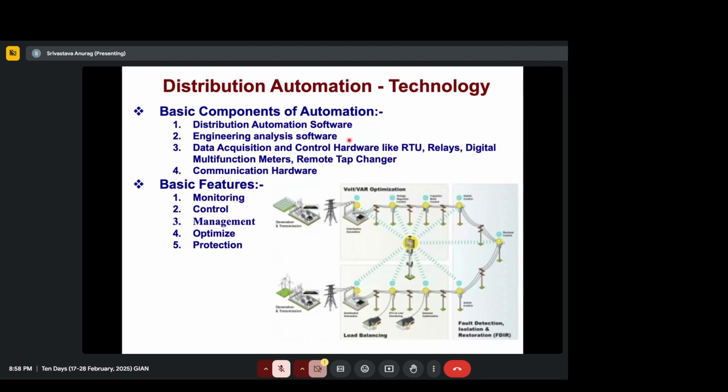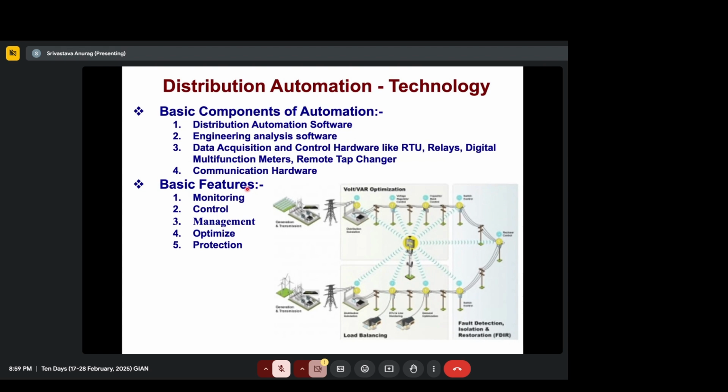There will be engineering analysis software, a lot of data acquisition and control, which includes remote terminal units, relays, digital multifunction meters, remote tap changers. We already talked about some of these, and then communication hardware and software, right?